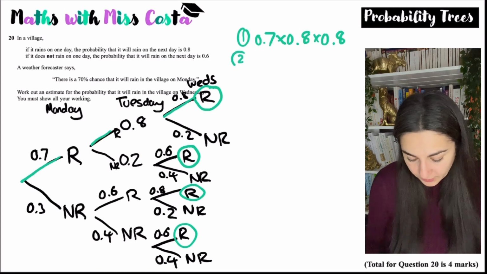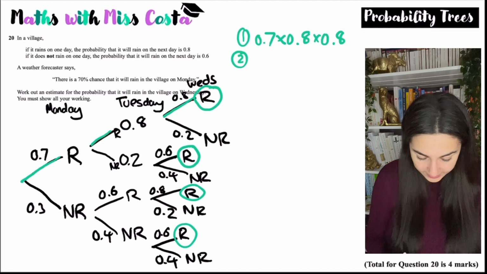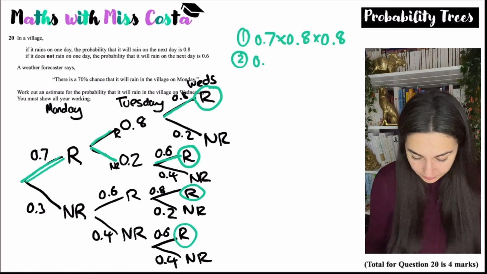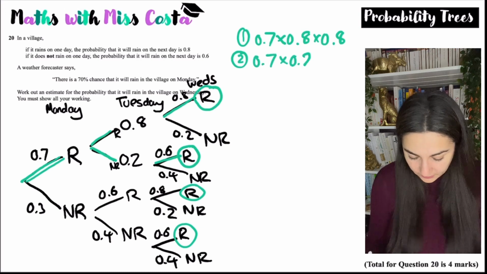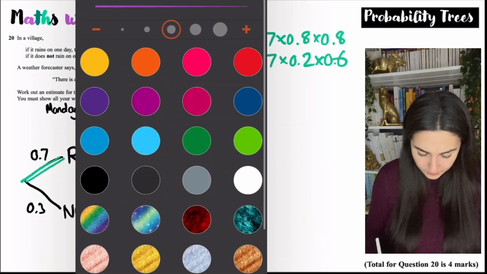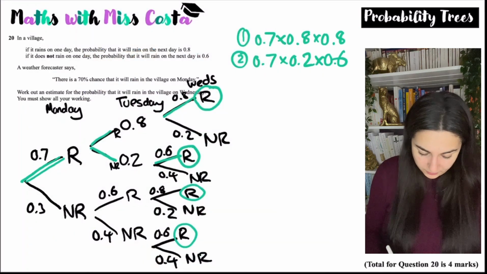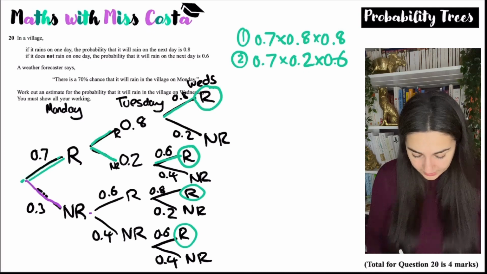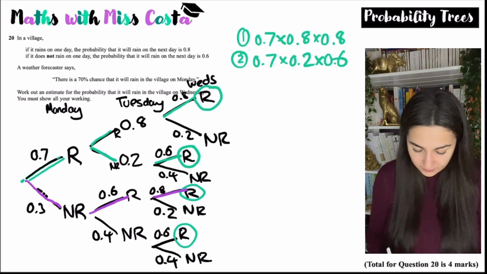The second route I could have taken is rain, not rain and rain, to get me to this one here. So that's 0.7 times 0.2 times 0.6. I'll change colours just so it's a bit easier. Another route I could have taken is not rain, rain and rain, to get me over here.